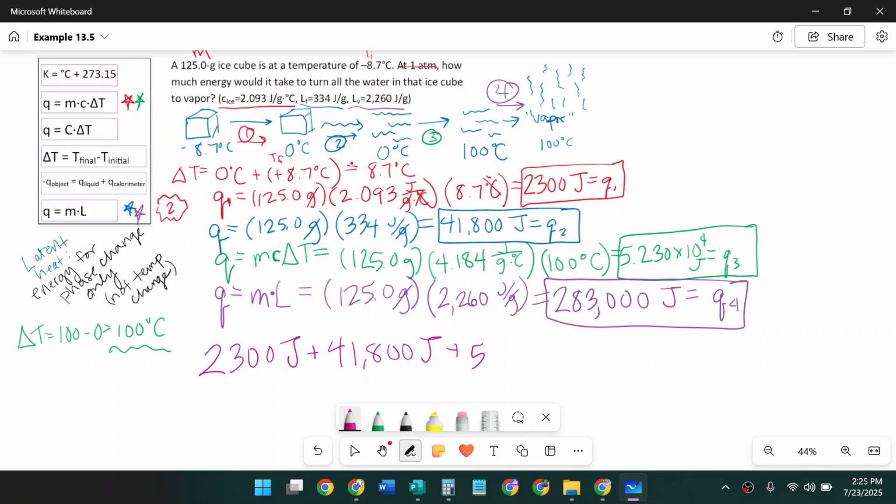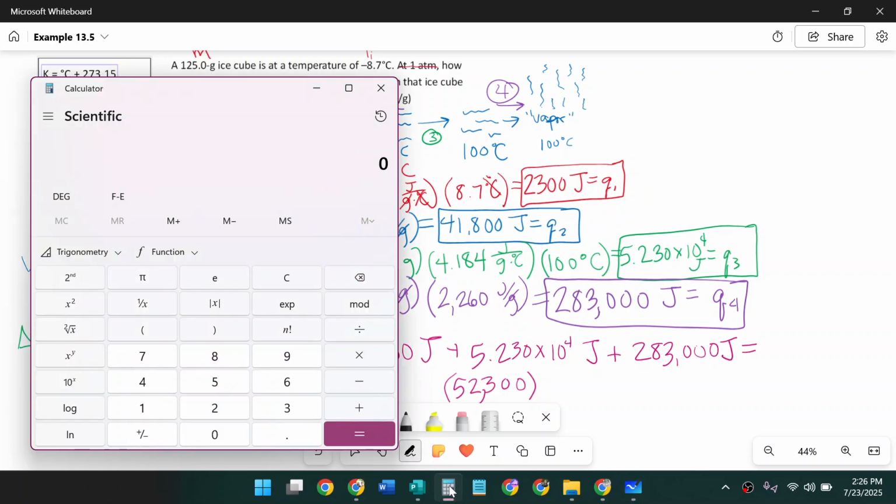For this one, just temporarily, I'm going to write 5.230 times 10 to the 4th, but underneath I'm going to write what that number was, 5230, so that I can remember what it was, because for adding that'll make it easier. When I type in the calculator, I just don't really feel like adding in a scientific notation one in the middle of all those other totally normal looking numbers.